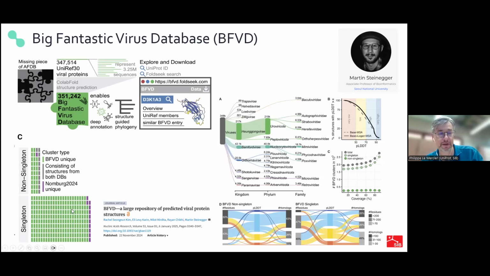It's a mix of it. And some non-singleton, here you compare to what is Norberg, the first one I showed you. So there are much more, but of course, the Norberg database is focused on vertebrate viruses, whereas here, Martin Steinegger, they went for all kinds of viruses by near 30%.